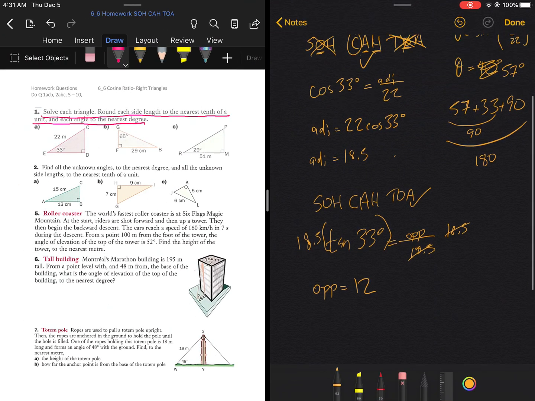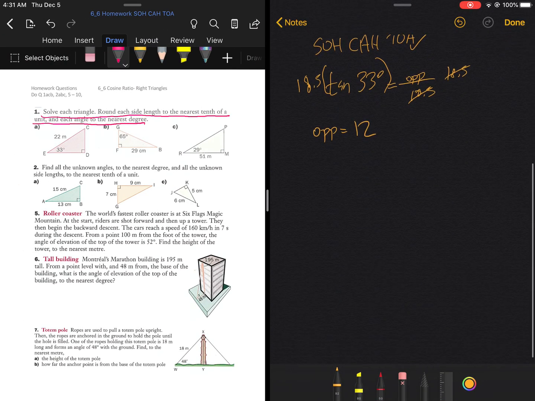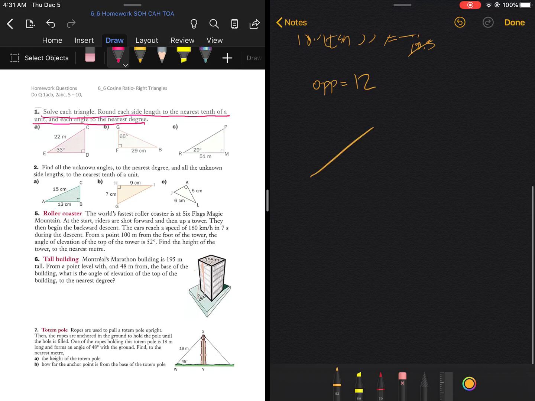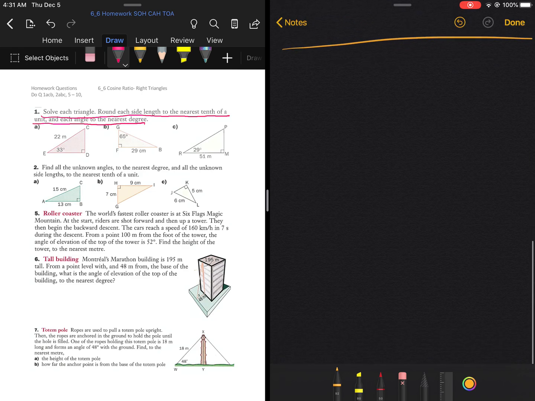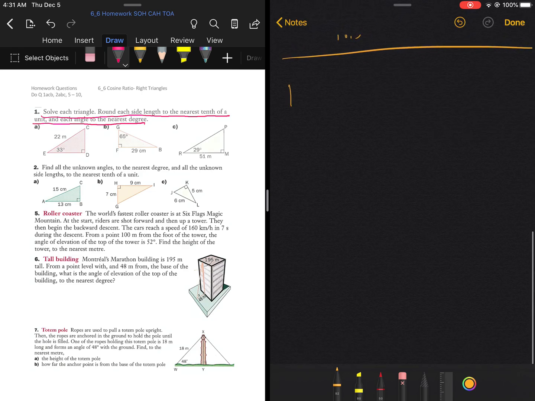Oh, pretty even, 12. Or close to even. So I've solved this triangle. I have 12, 18.5. This side is 33. This side is 57. This side is 22. Done, that's 1A. Let's look at 1B.